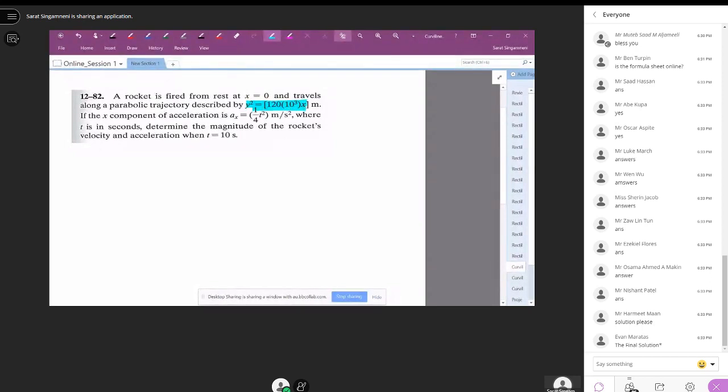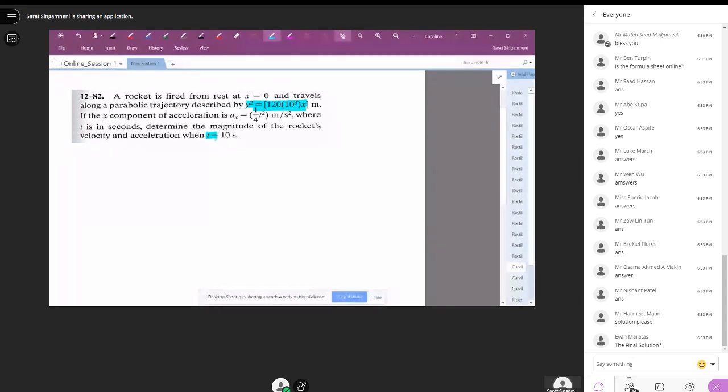That is the explicit equation between y and x components. If the x component of the acceleration is ax equal to 1 over 4 t squared, that means the horizontal component is varying as a function of time, where t is in seconds. Determine the magnitude of the rocket's velocity and acceleration when t equal to 10 seconds.